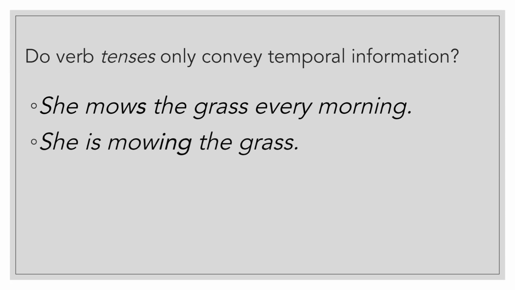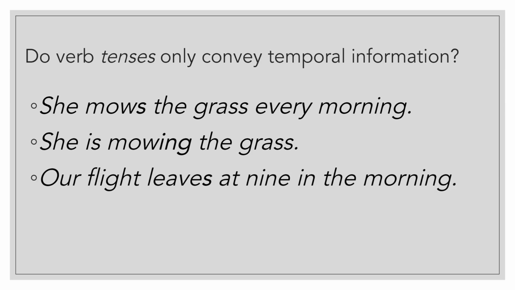So when I say she mows versus she is mowing, both are present tense, but now we have a sense of present simple being routine, habit. She is mowing the grass. I stick that ing, and that gives me a sense of current, ongoing. She's doing it right now.